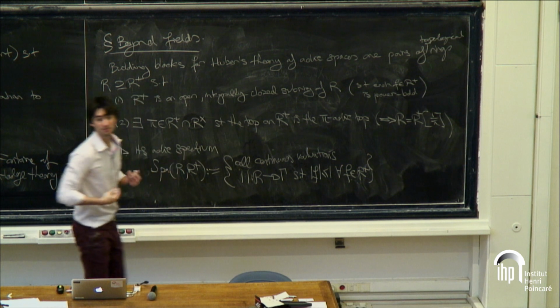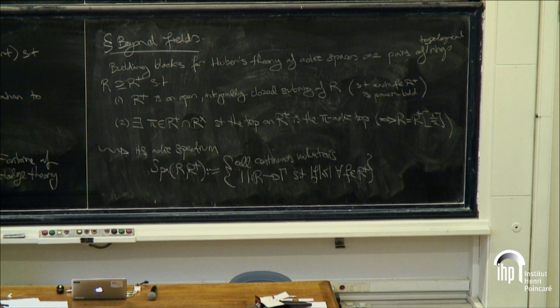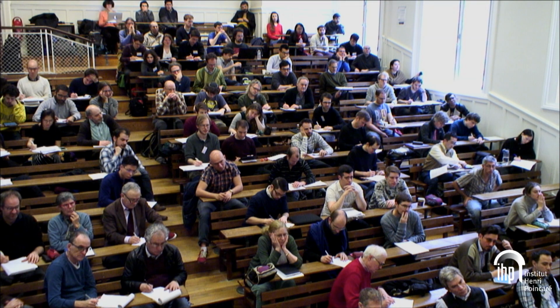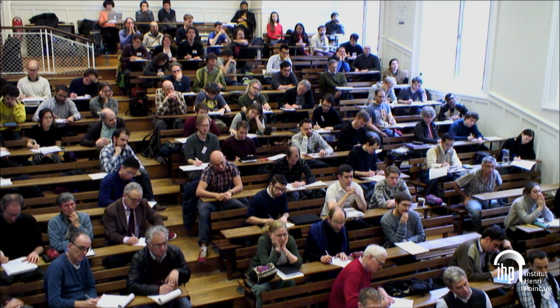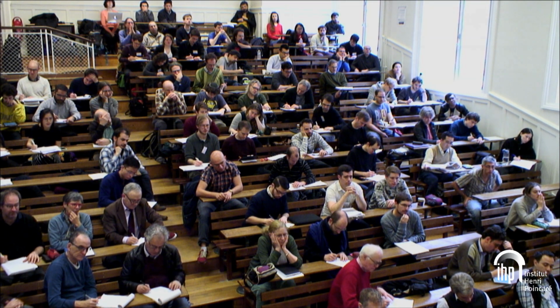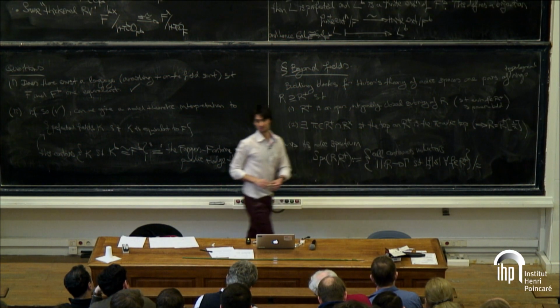That's the reason for the R plus. We'd like to just study all the continuous evaluations on R, but we need to cut it down slightly. And you cut it down by imposing that these valuations are bounded on this subring. And you mod it out by, well, the obvious notion of equivalence of valuations.